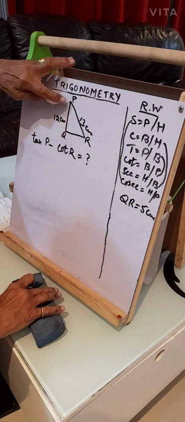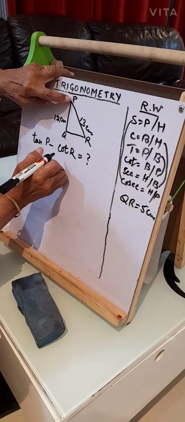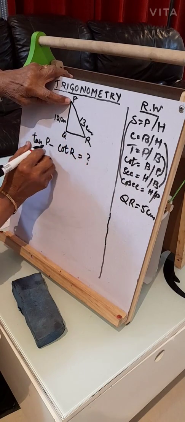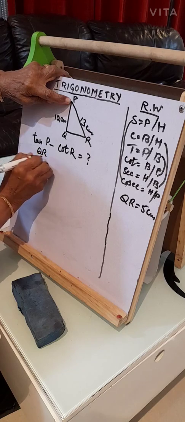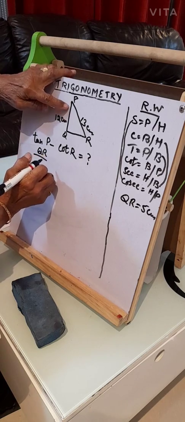For tan P, angle P, QR is the perpendicular. So it will be QR over B, base is PQ.